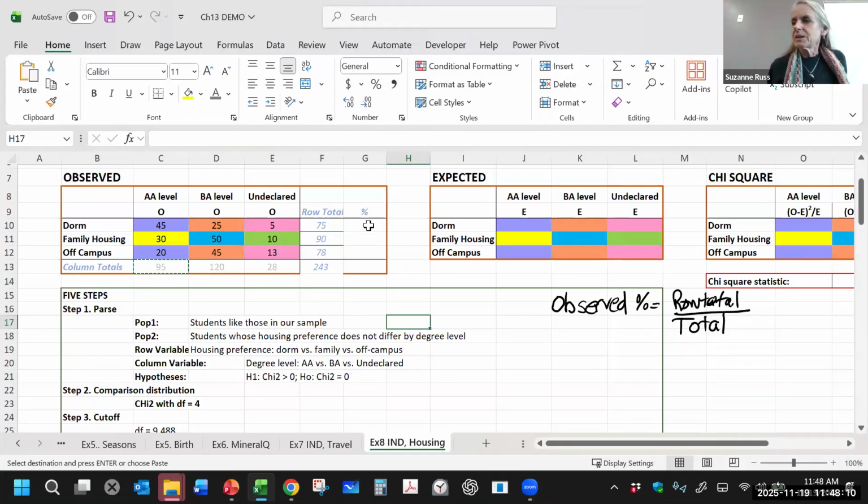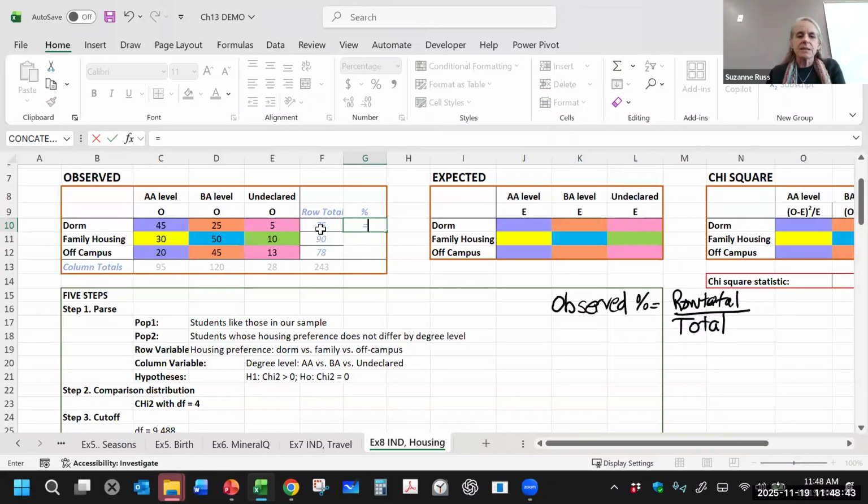What is the dorm row total, Tia? 243. Nope, we should have a percent. It should be a decimal. Oh, okay. What you got was the overall total? So you actually need to get the percent now. You're filling in right here, and I'm asking you, what is the percent that should be for dorm?